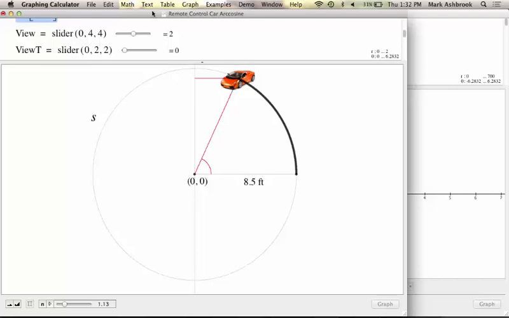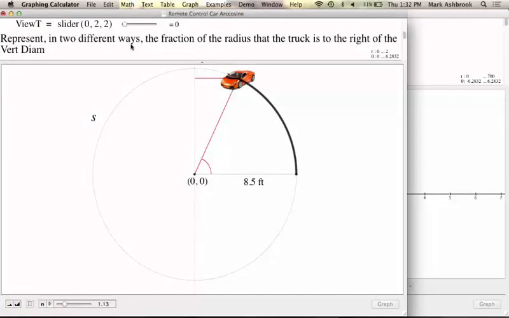Question. Represent in two ways the fraction of the radius that the car is to the right of the vertical diameter. First, let's estimate.